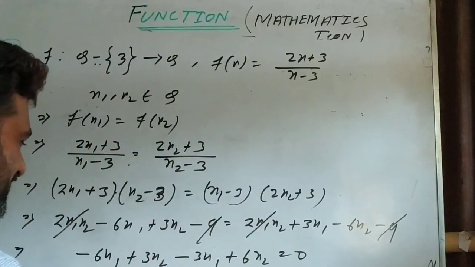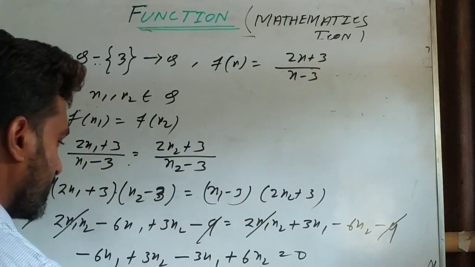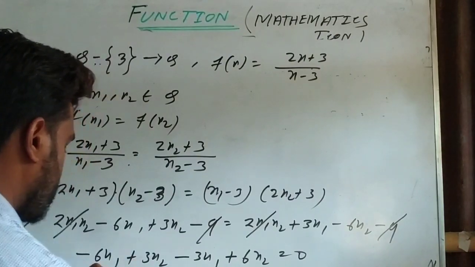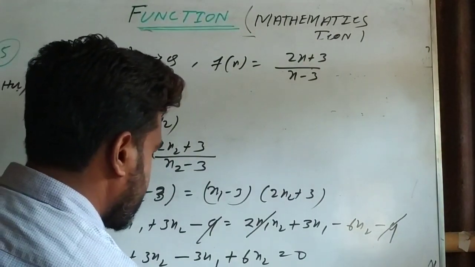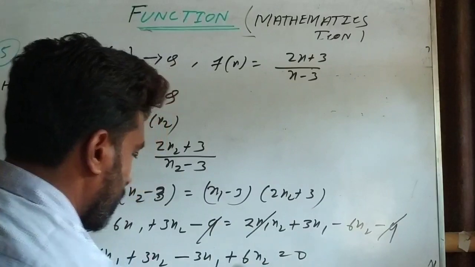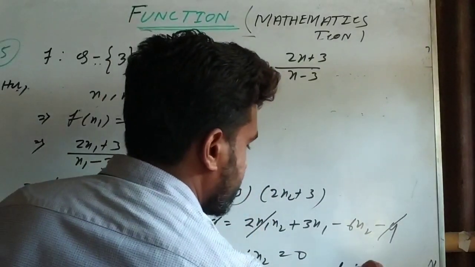That is minus 9x1 equals to minus 9x2. Minus cancel, 9 cancel, that is x1 equals to x2 that we have got. So f is 1 1.